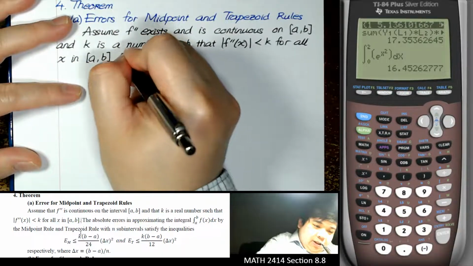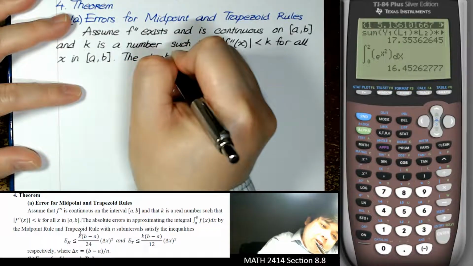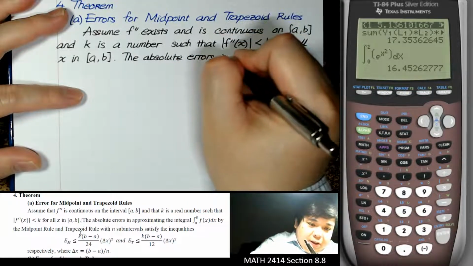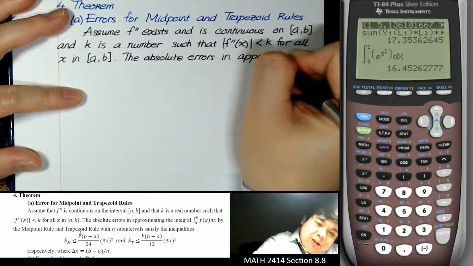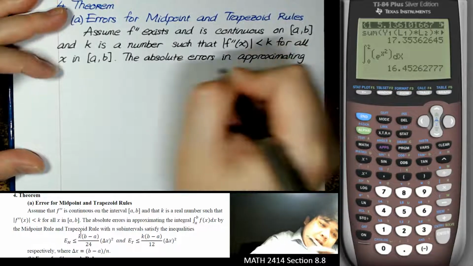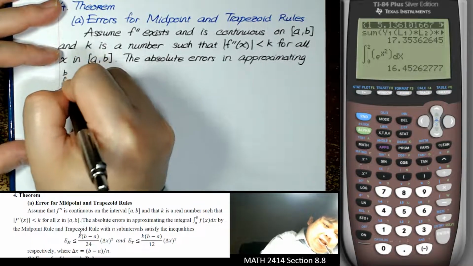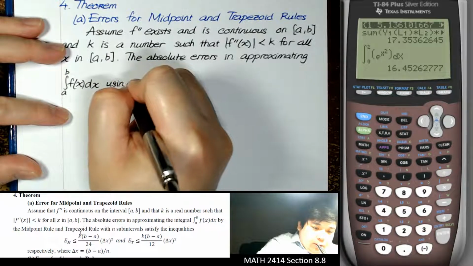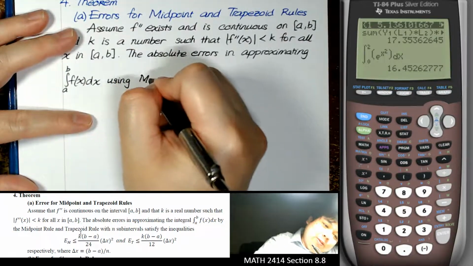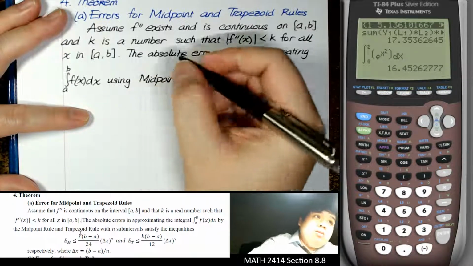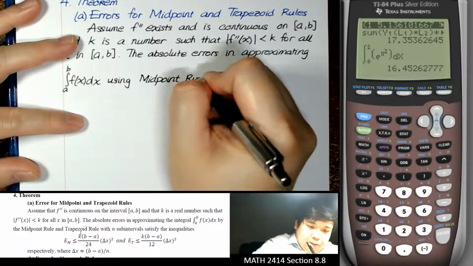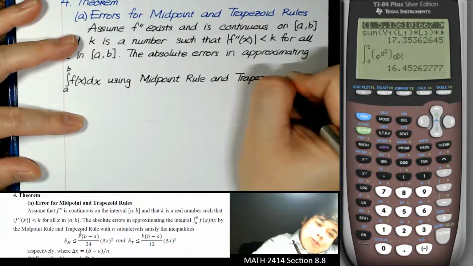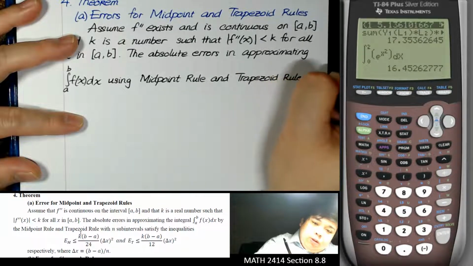The absolute error in approximating the integral from A to B using the midpoint rule and the trapezoid rule.